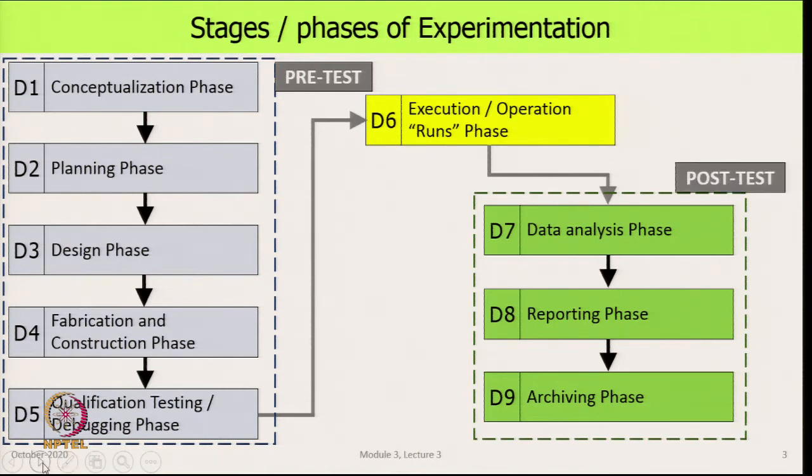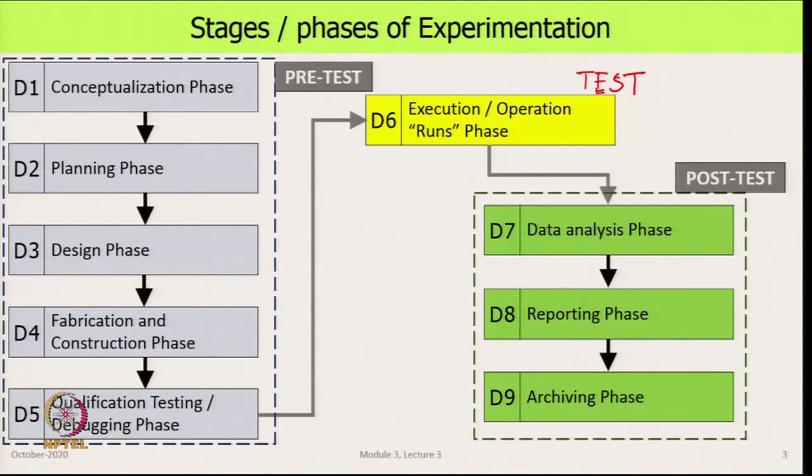By test we mean this operation of doing the experiment, executing the experiment, this is the test part. So, we have pre-test, test and the post-test phase. So, in 3 very broad categories experimentation can be divided.